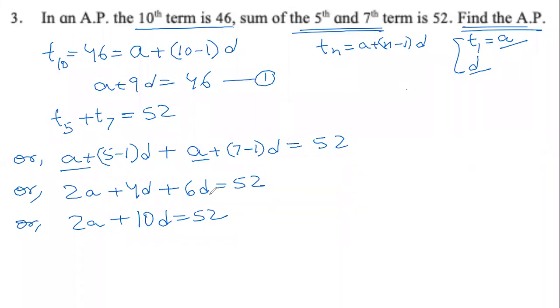Khadija, you finally got it right. But there is one more step of simplification here. You see, 2A is completely divisible by 2, 10D is completely divisible by 2, 52 is completely divisible by 2. So if we divide all the terms by 2, then 2 by 2 is 1, so we are left with A. 10 by 2 is 5.